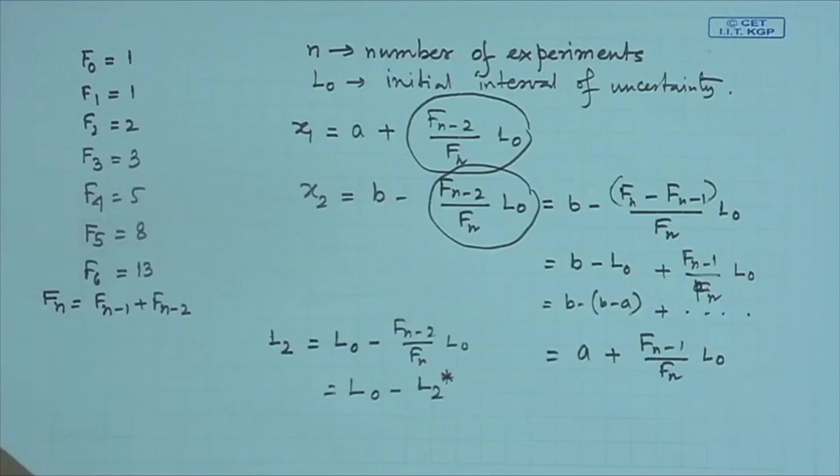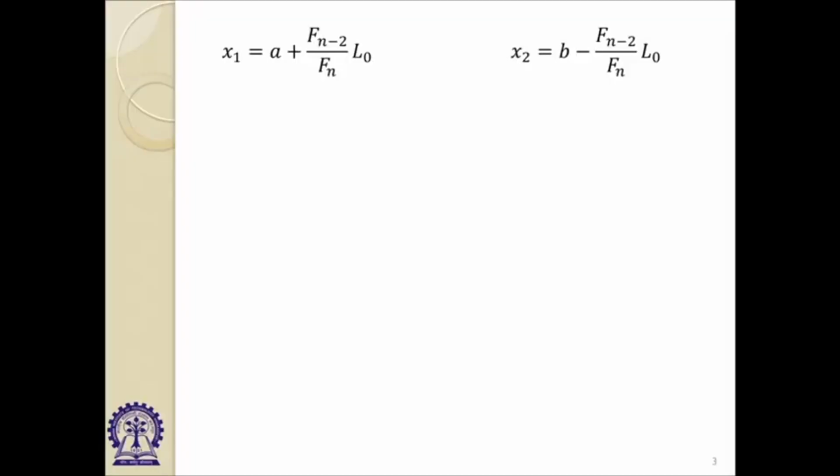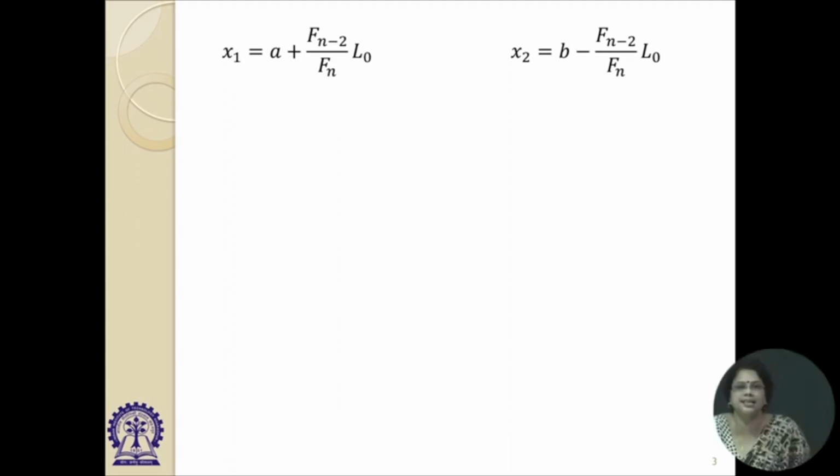In the third, I will find L3 star. And what is the process? In brief, I am just telling you, then you will understand. Initially I was getting x1 and x2, and I am saying to take 2 points x1 and x2, which are L2 star distant from both ends of that interval, because I am taking A plus L2 star and B minus L2 star.